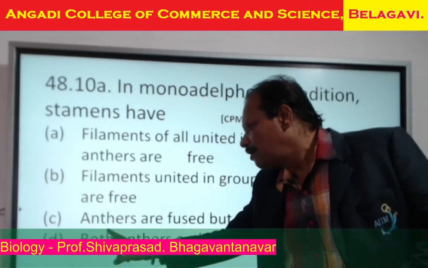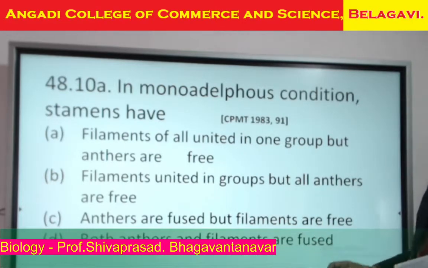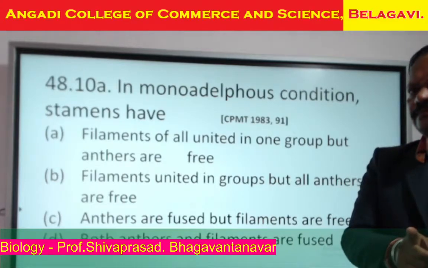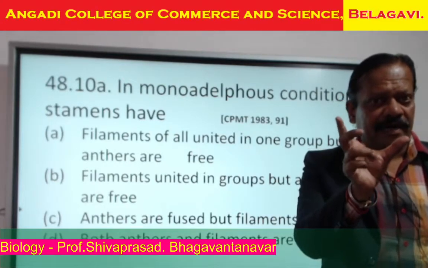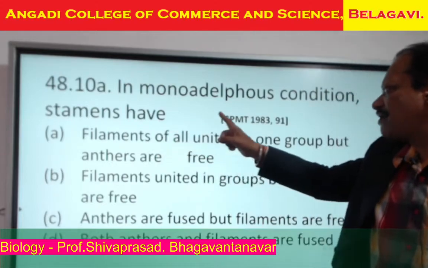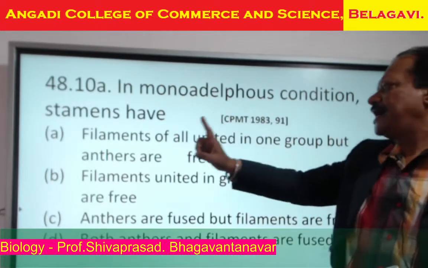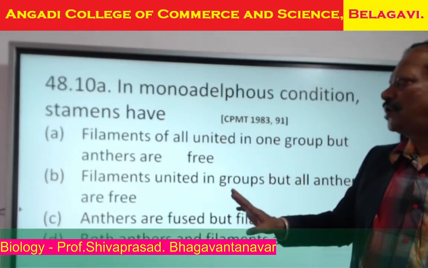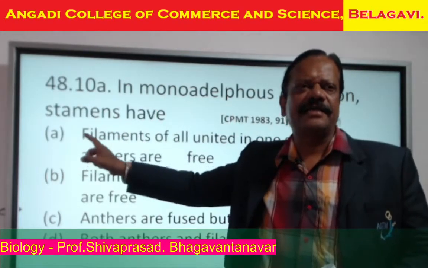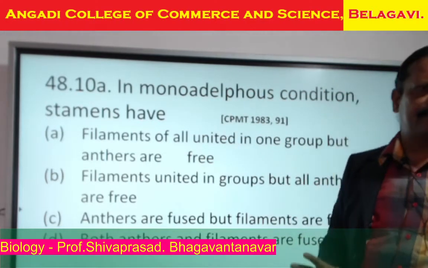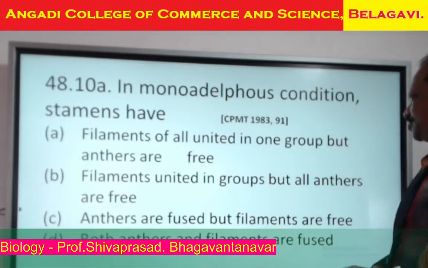Then last one, both anthers and filaments are fused. So, I told you in the beginning, they are forming only one bundle. So, filaments all united in one group, but anthers are free. So, option A is the right answer here, and that is called monoadelphous condition. So, we'll move to the next question.